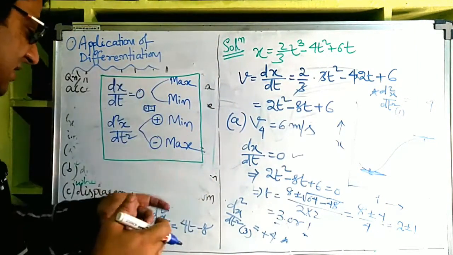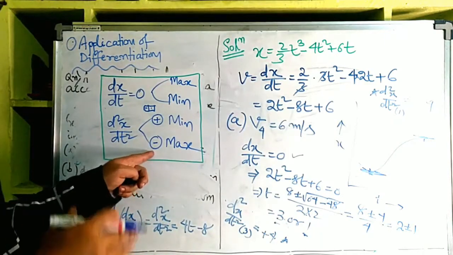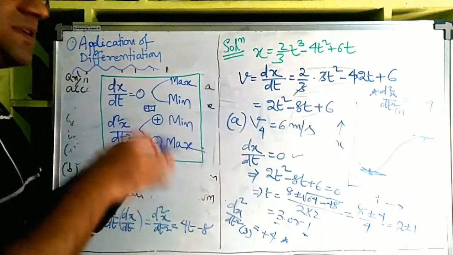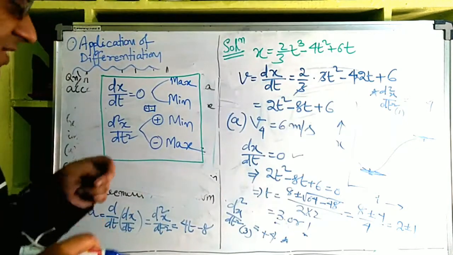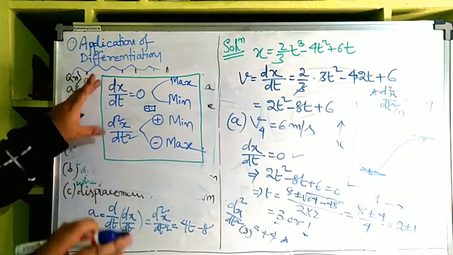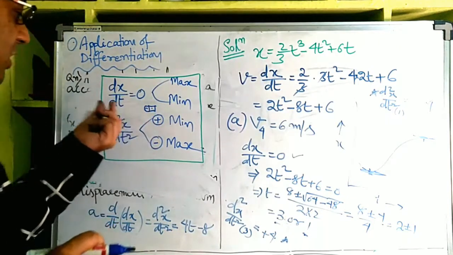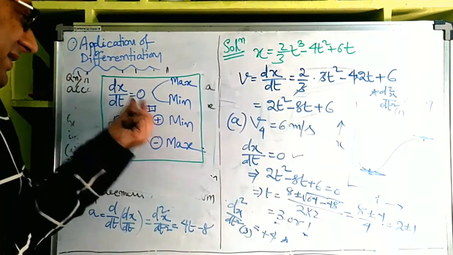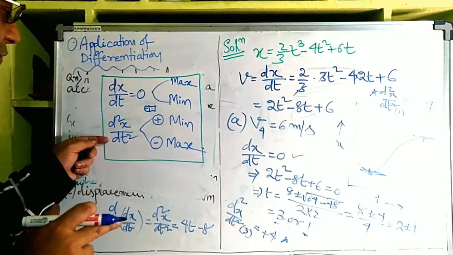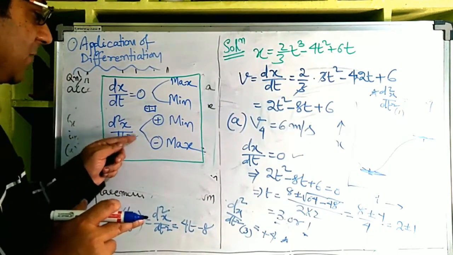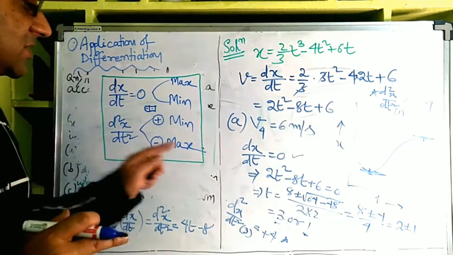If it is decreasing, then it will be minus. And if acceleration is decreasing, displacement must be maximum. That's the reason. So you can remember simply: dx by dt is equal to 0. By putting this, two roots will come. For those two roots, you find one more derivative, d square x by dt square. If it comes positive, it's a minimum, negative, it's a maximum.